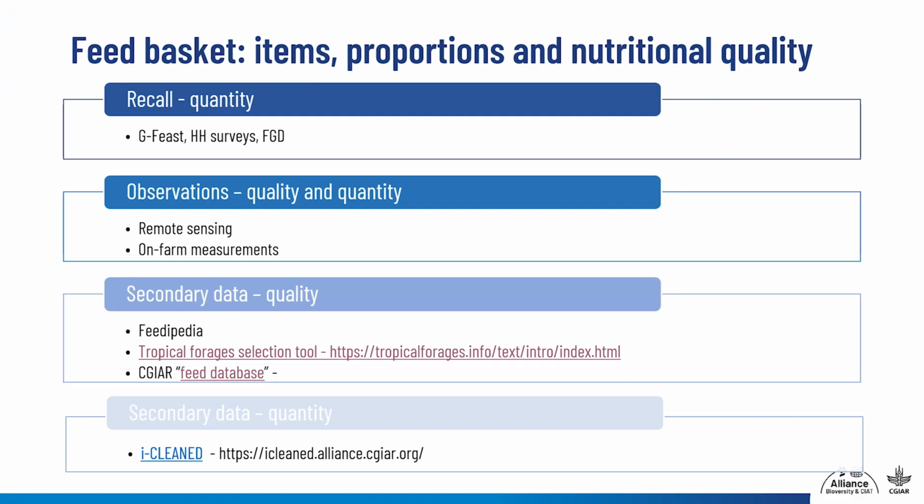The last initiative I would like to mention is iCleaned. iCleaned is an environmental footprint calculator. There is a new online version which was launched just a few months ago. And one of the core data requirements of this tool is the feed basket.